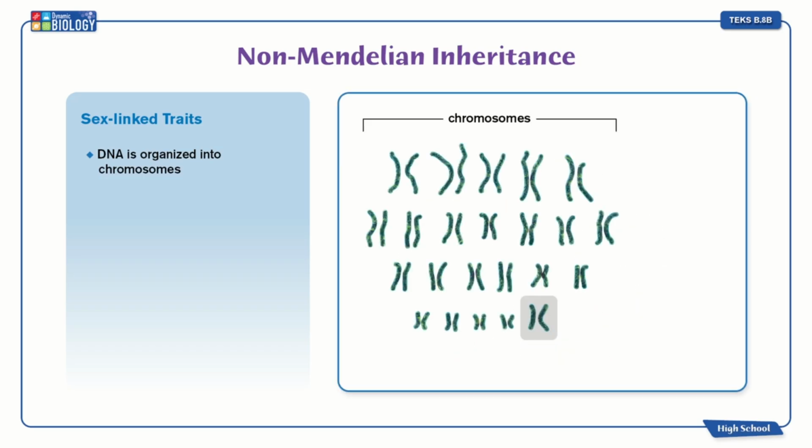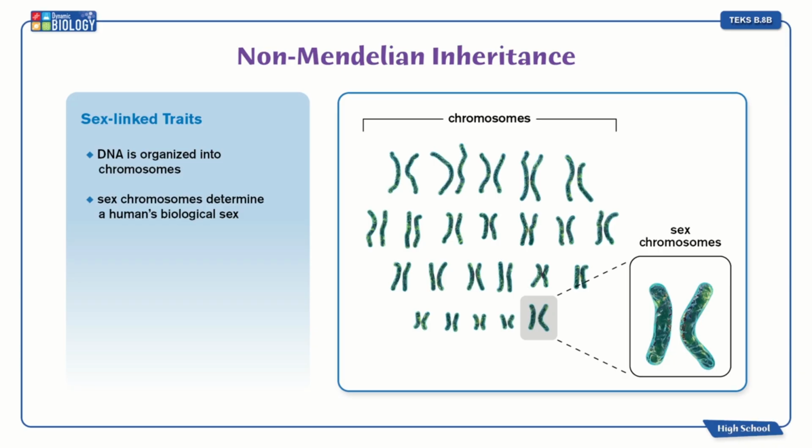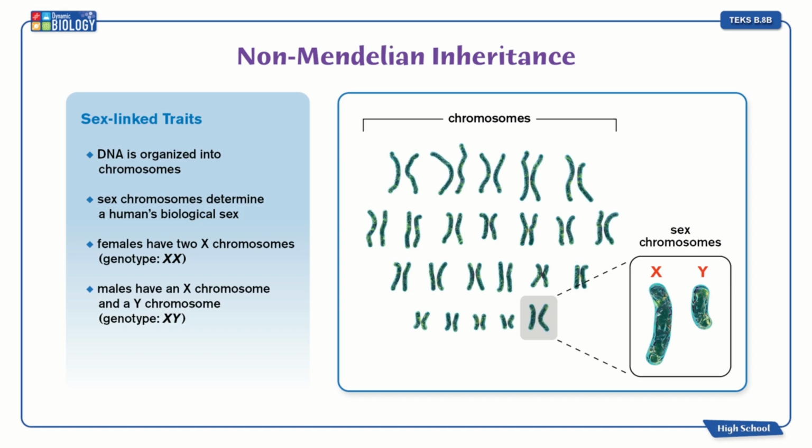One of these pairs of chromosomes is known as the sex chromosomes. They're called sex chromosomes because they determine a human's biological sex. Females have 2 X chromosomes, and males have an X chromosome and a Y chromosome.